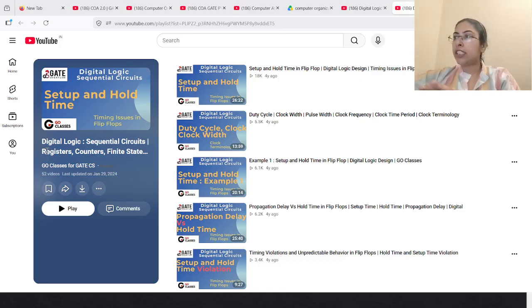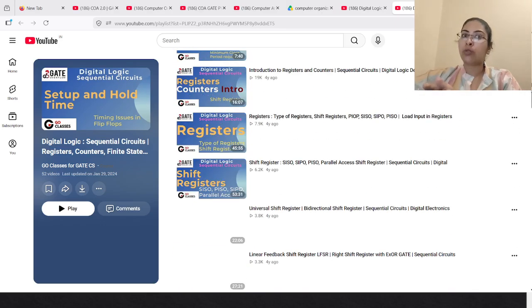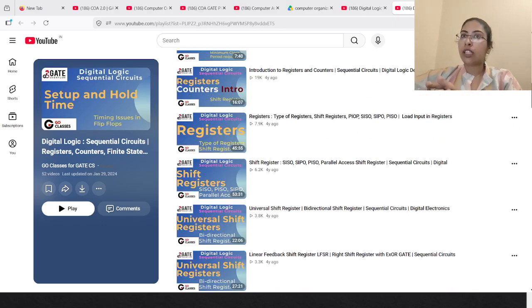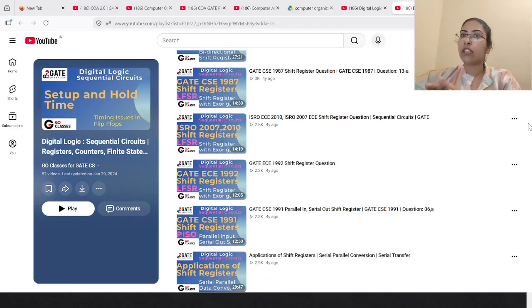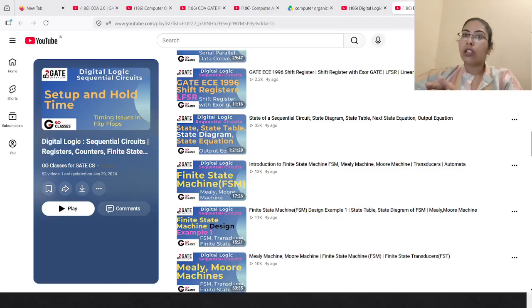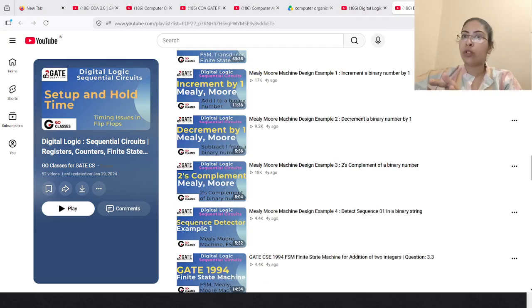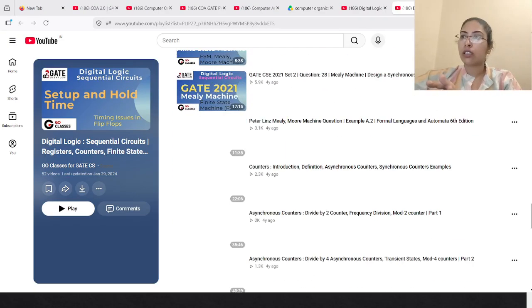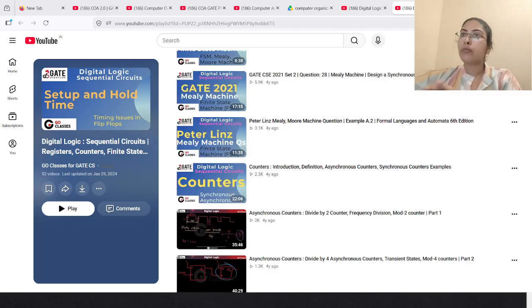So this is digital logic sequential circuit registers, counters, finite state machines. This playlist is very useful for the synchronous circuit. Okay, sequential circuit. So this playlist you can use for the sequential circuits.